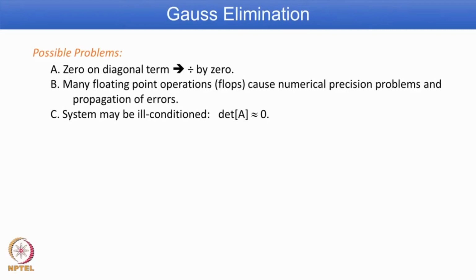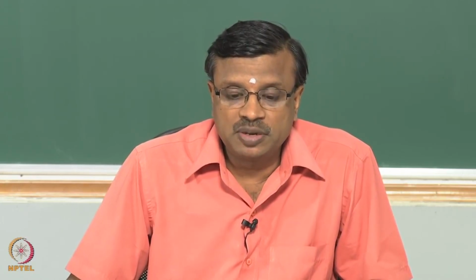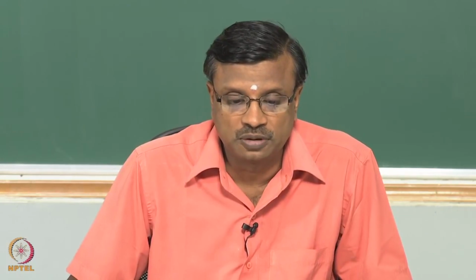And we have observed there are many floating point operations, in other words flops, which may cause numerical precision problems, because you are handling so many operations and every time you are approximating, and any error introduced at any stage will propagate and finally you may get an erroneous result. And the system may be ill conditioned, for the matrix condition determinant A is approximately or very close to 0.